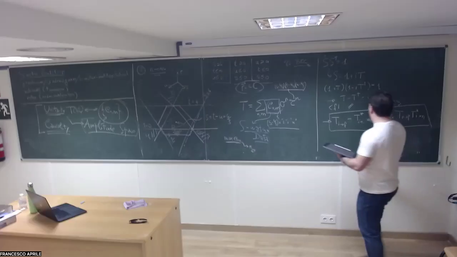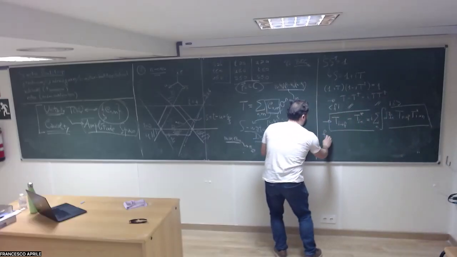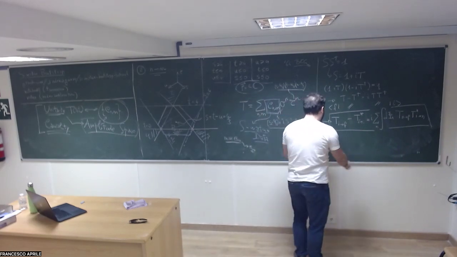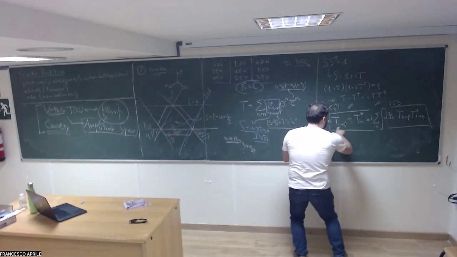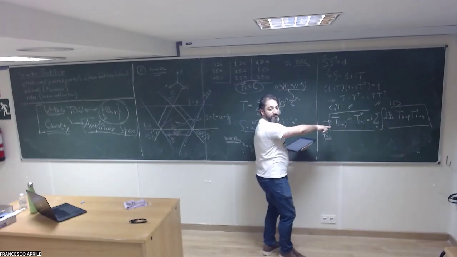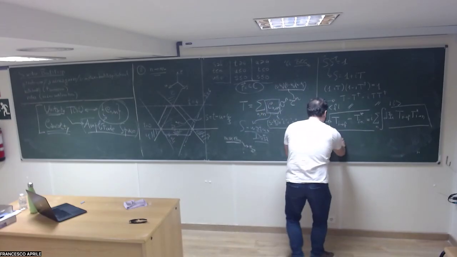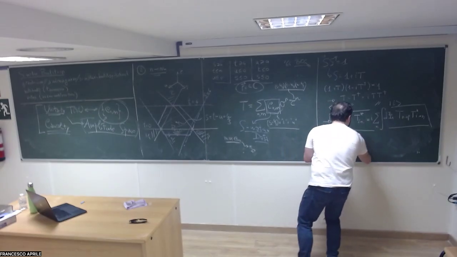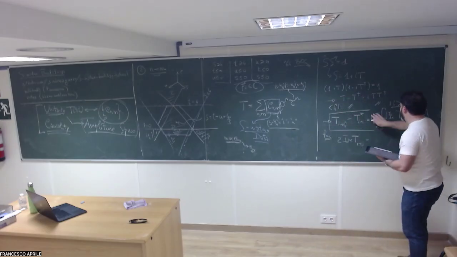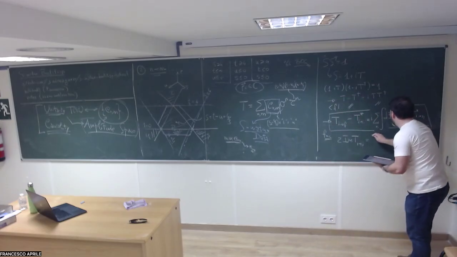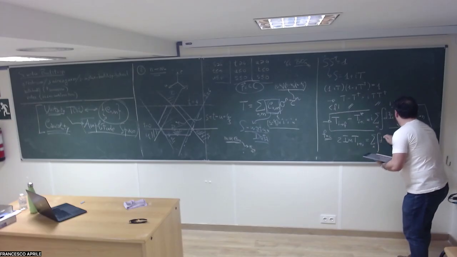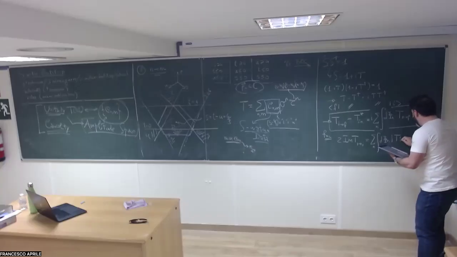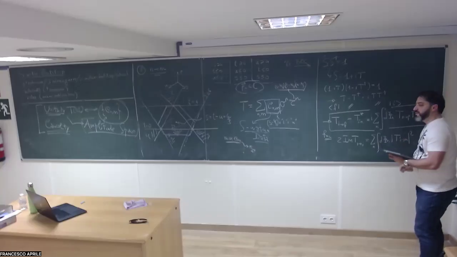If F is equal to E, so if the final state is equal to the initial state, you have the optical theorem that you all know and love. T minus T star is the imaginary part. So it becomes 2 times the imaginary part of T, E going to E, equal to a sum and an integral of stuff which are just positive.